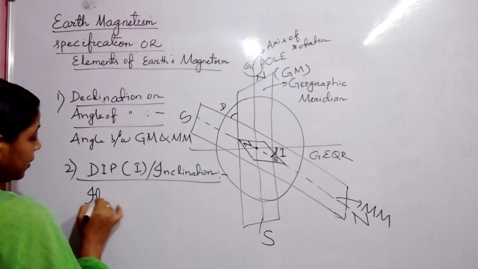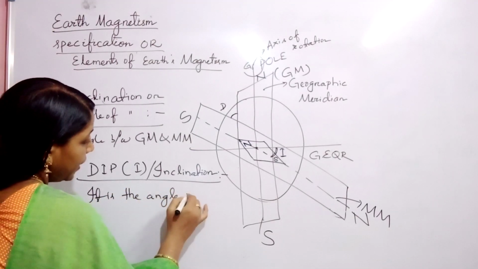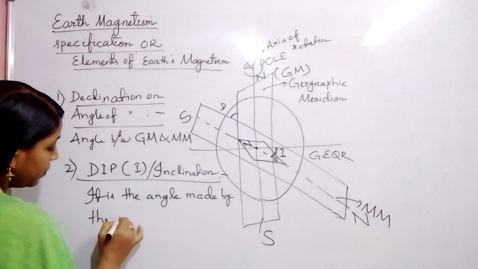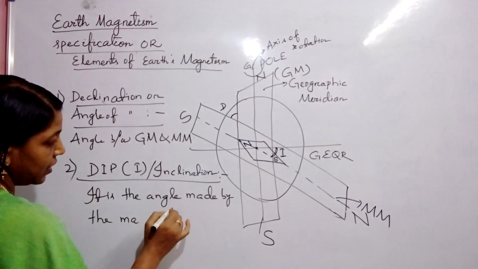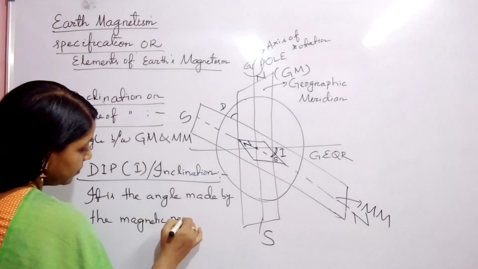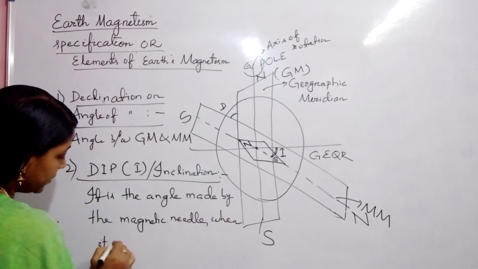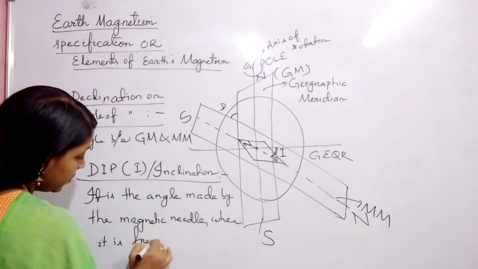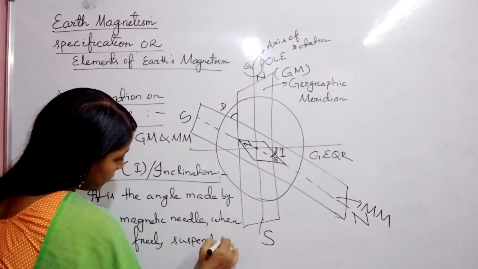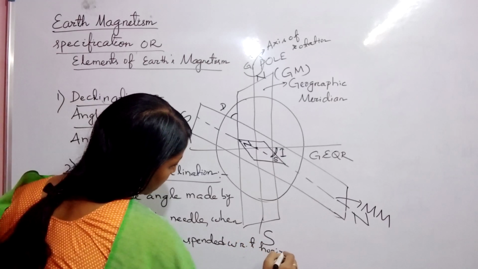It is the angle made by the magnetic needle when it is freely suspended with respect to horizontal.